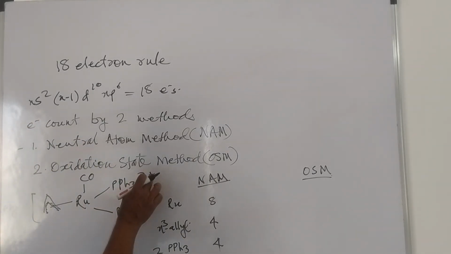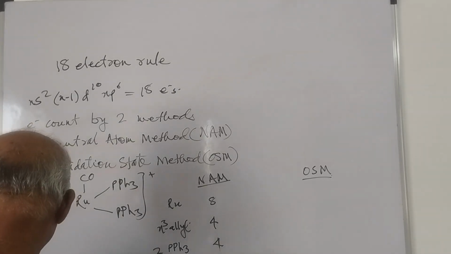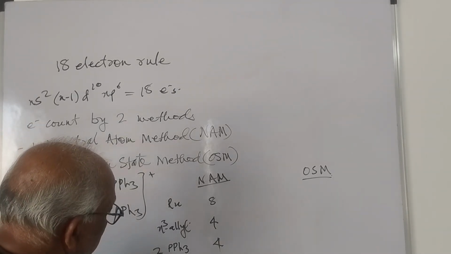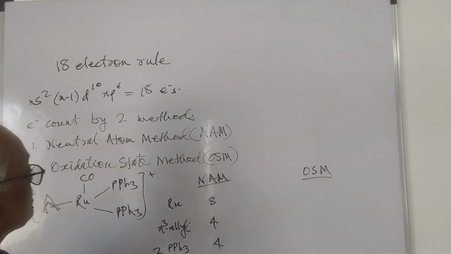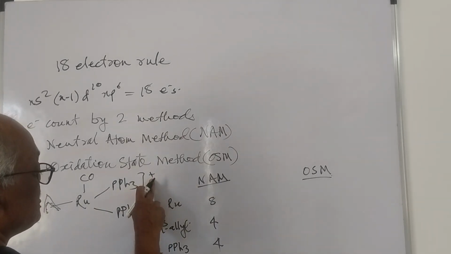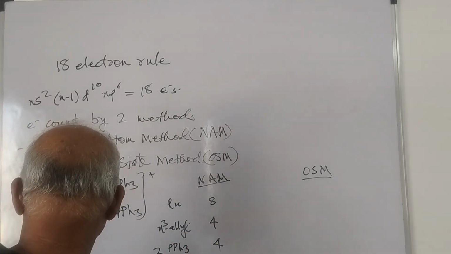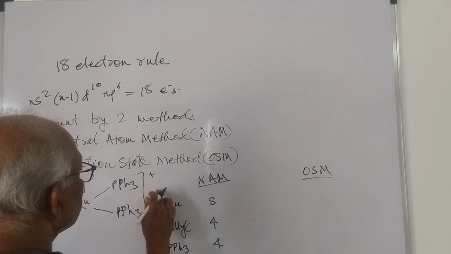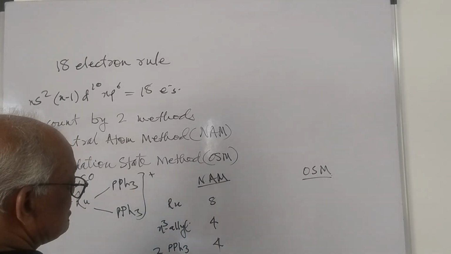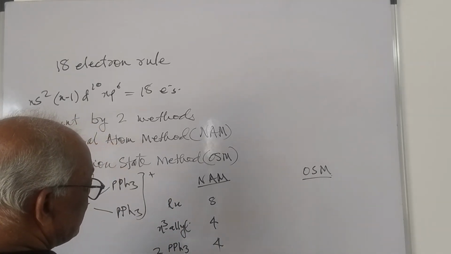Then the oxidation state is plus 1, that is we say charge, and when there is plus 1, the charge of 1 is deducted.